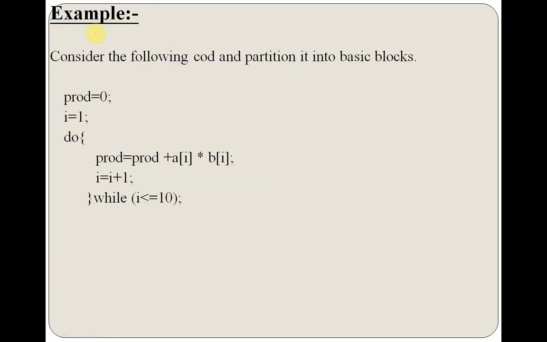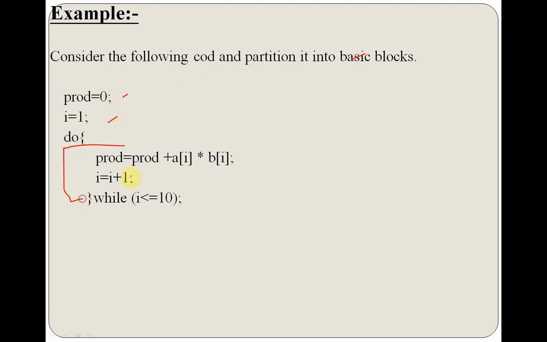See one example. Take this while loop code and convert it into basic blocks. Before converting into basic blocks, first we have to write its equivalent three address code. Here the code contains product equal to 0, i equal to 1, and a while loop.